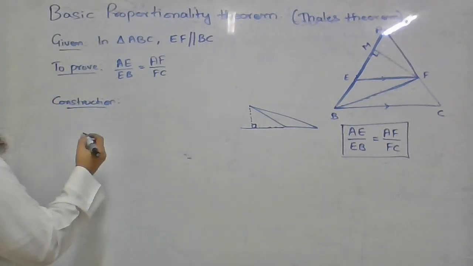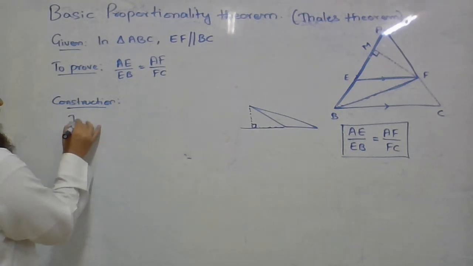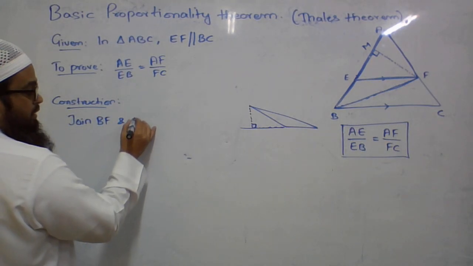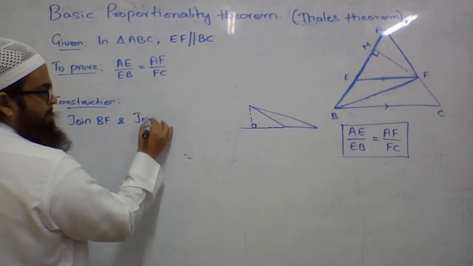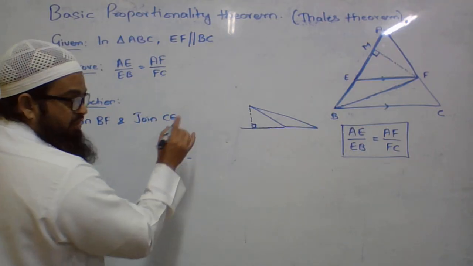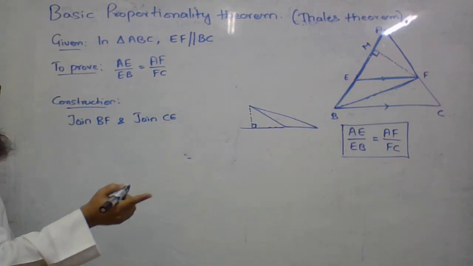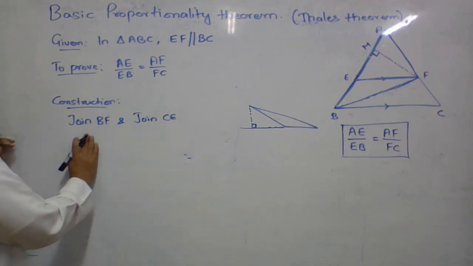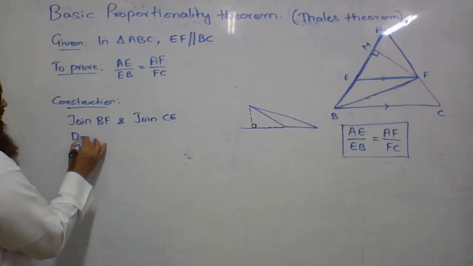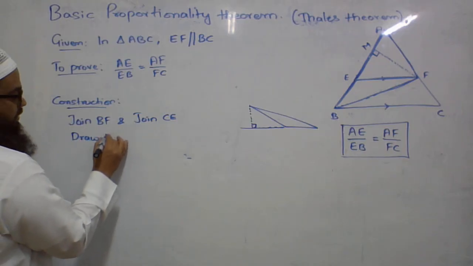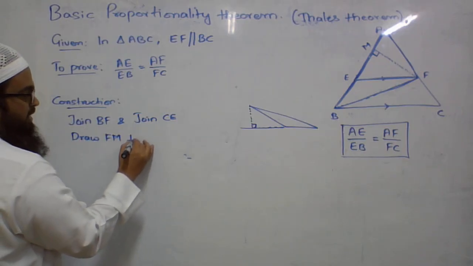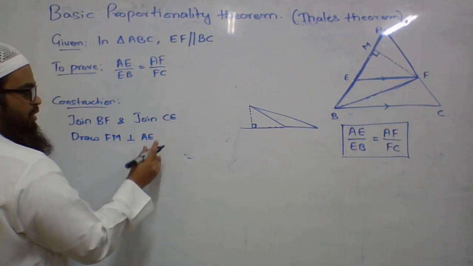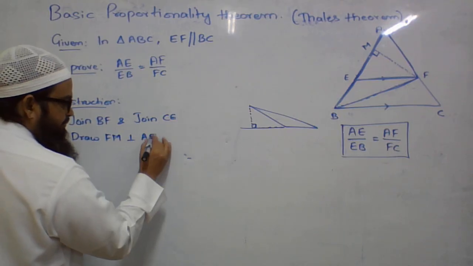So construction, what we do first: join BF and join CE. I will draw it later because if I draw everything here itself, you will get confused. Now draw FM perpendicular to AE, or you can write it as AB.